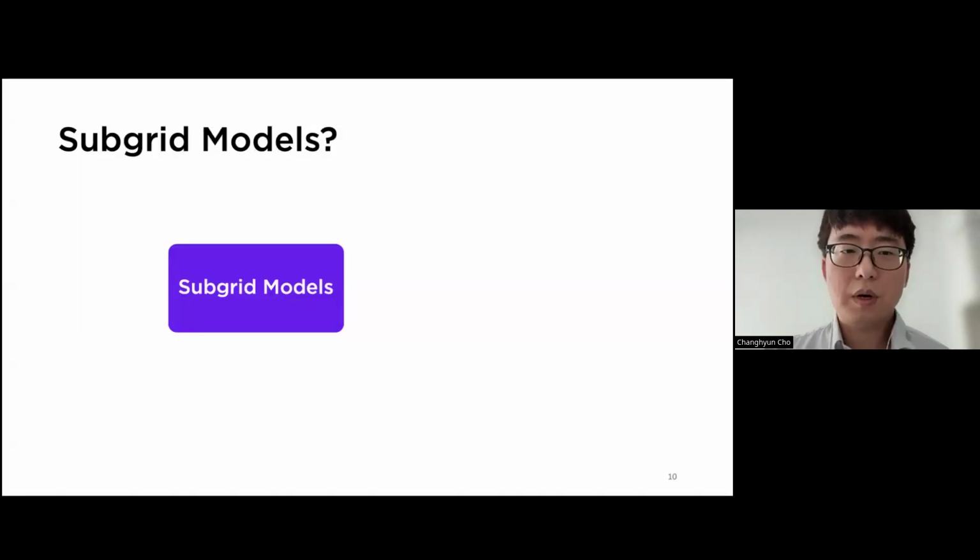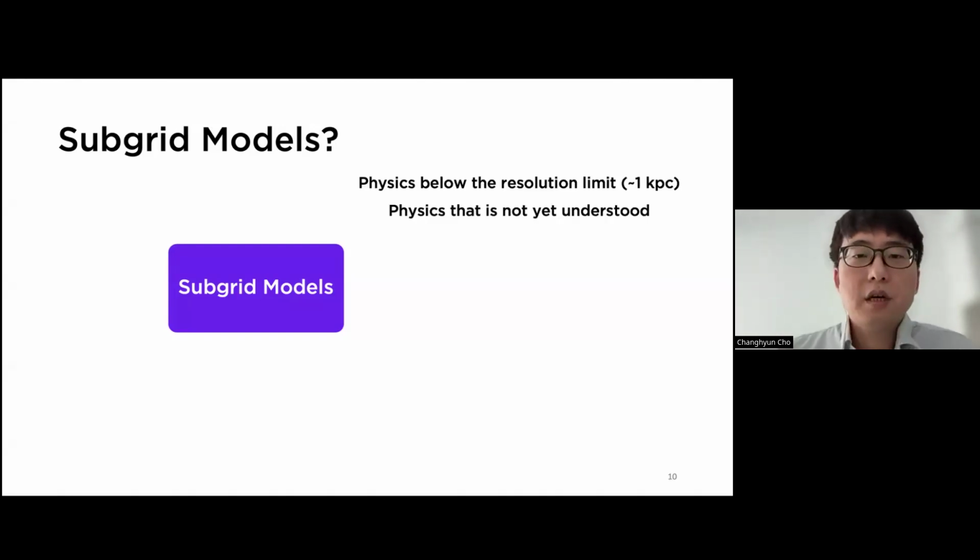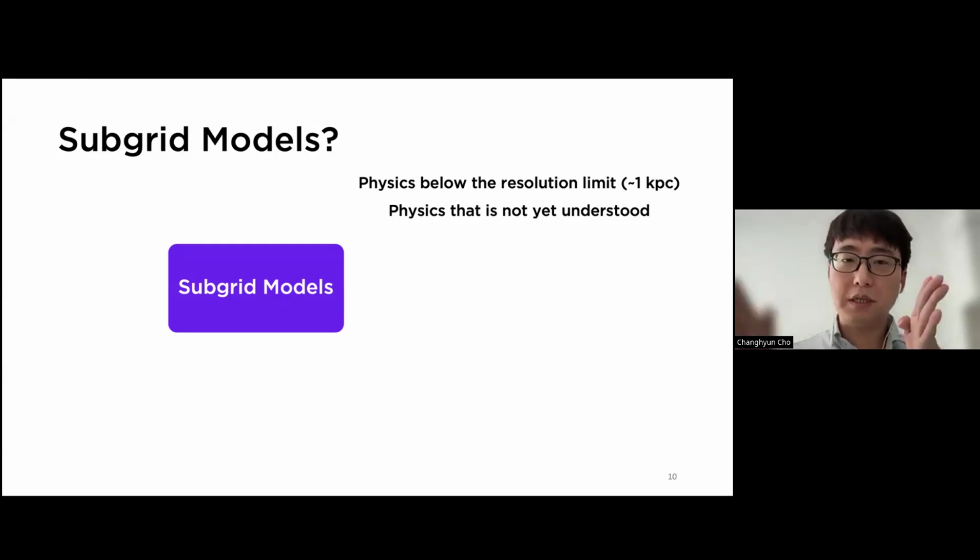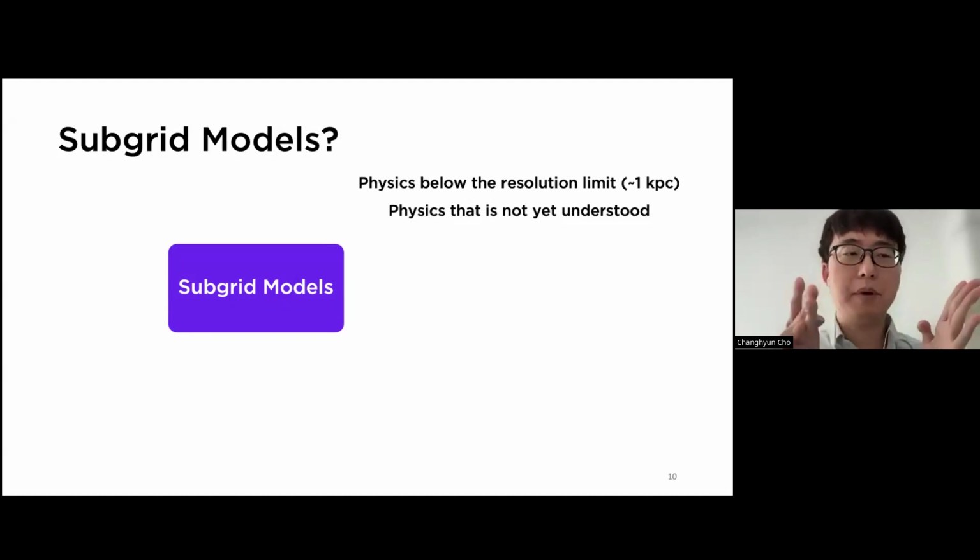I want to talk more about these subgrid models because these things are the most important. Subgrid models can describe the physics below the resolution limit. When we are talking about cosmological scale simulation, the box size is around megaparsec scale, tens or hundreds of megaparsecs. So the resolution limit is around the kiloparsec or 100 parsec scale.